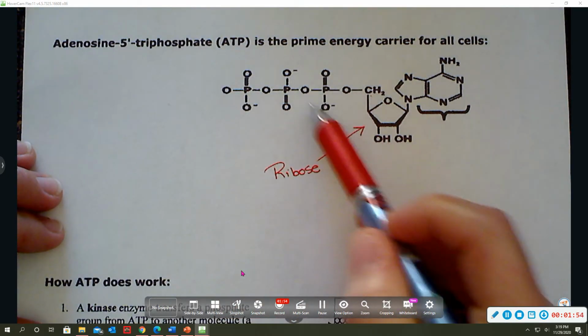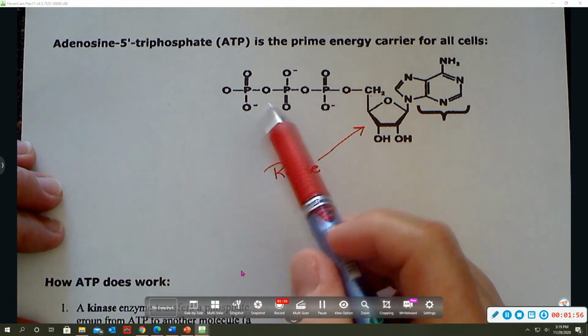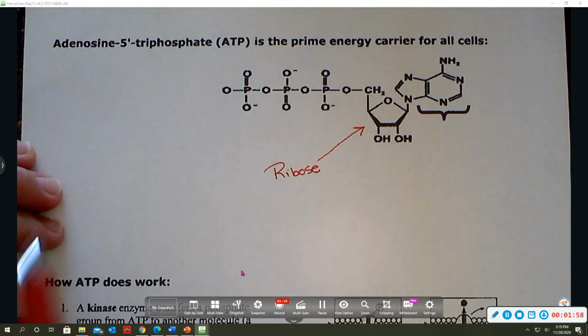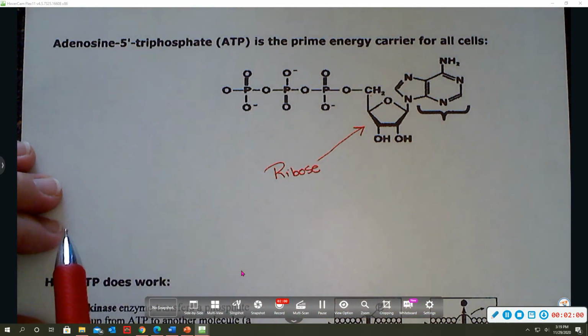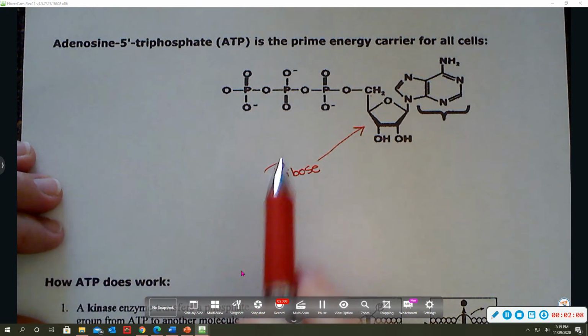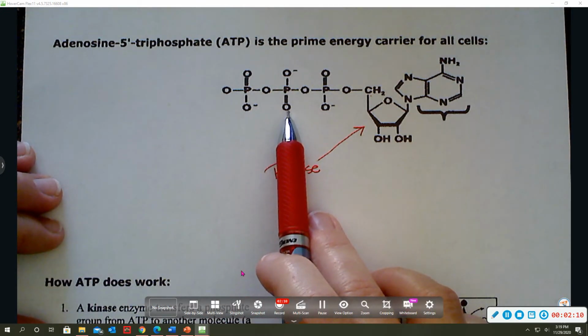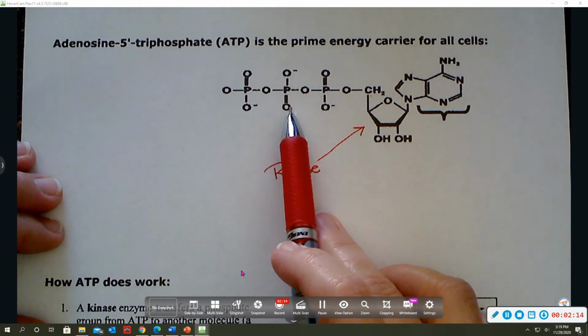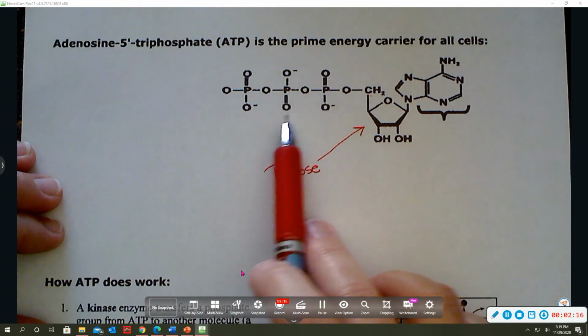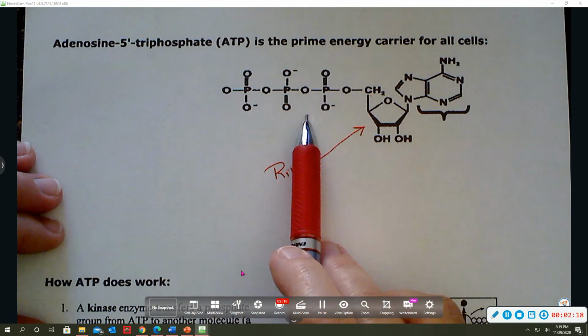Remember your phosphate groups, the PO4, plus it's shown they have a little bit of a negative charge. They show up a few times in our biology. Remember cell membranes, the phospholipids also have a phosphate group with a negative charge. DNA will also have phosphate groups with a negative charge, and ATP has it as well.